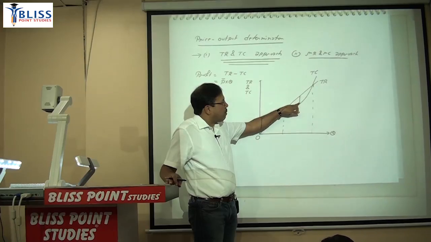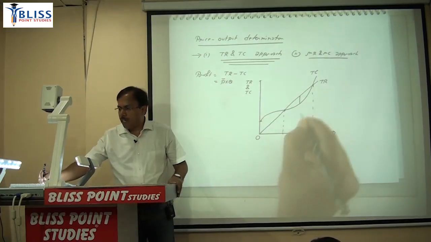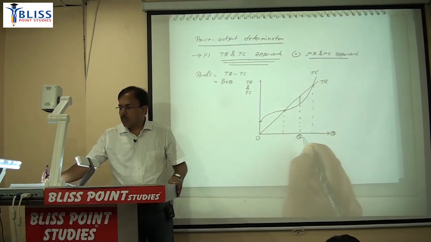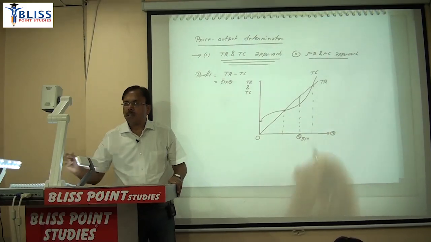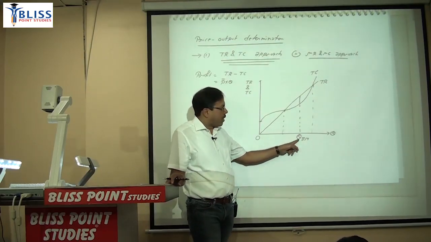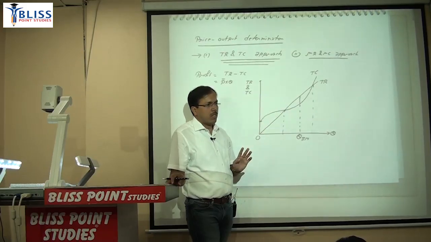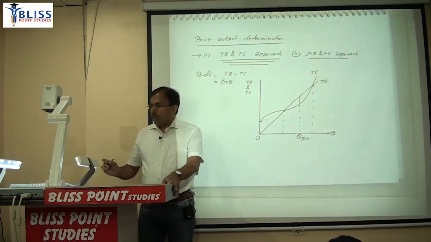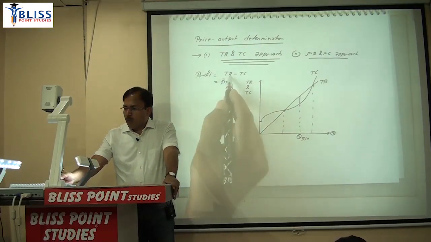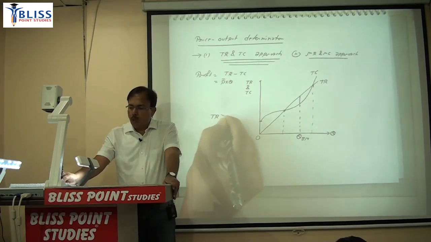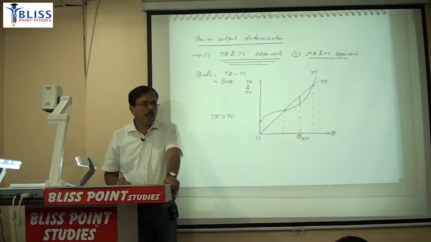So this is the maximum profit, but this will be the maximum profit if firm produces this much of quantity. So this is the quantity where profit is maximized. सिंबल को रीड कीजिएगा जहाँ जहाँ लिख रहे हैं. पाई profit के लिए, maximization के लिए. So at this quantity profit gets maximized. Now, since at this quantity total revenue is more and total cost is less, so this is the diagram for normal profit, supernormal profit or loss.